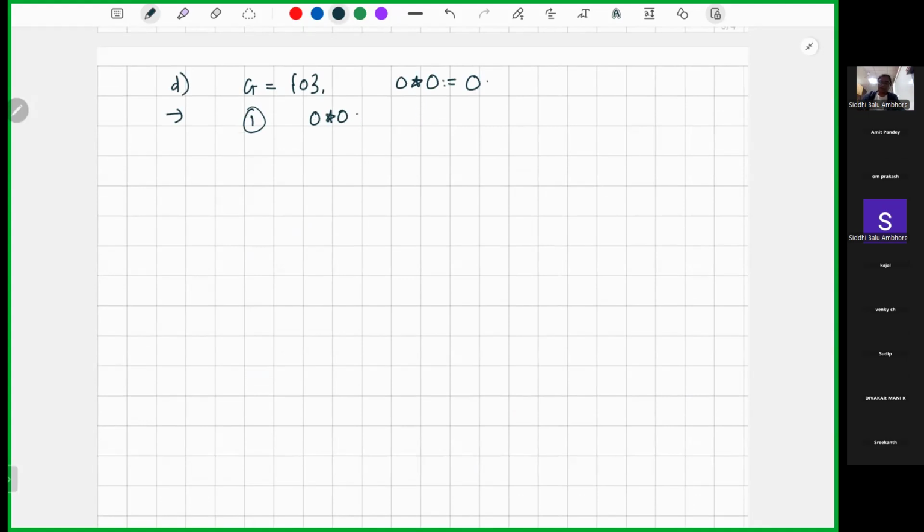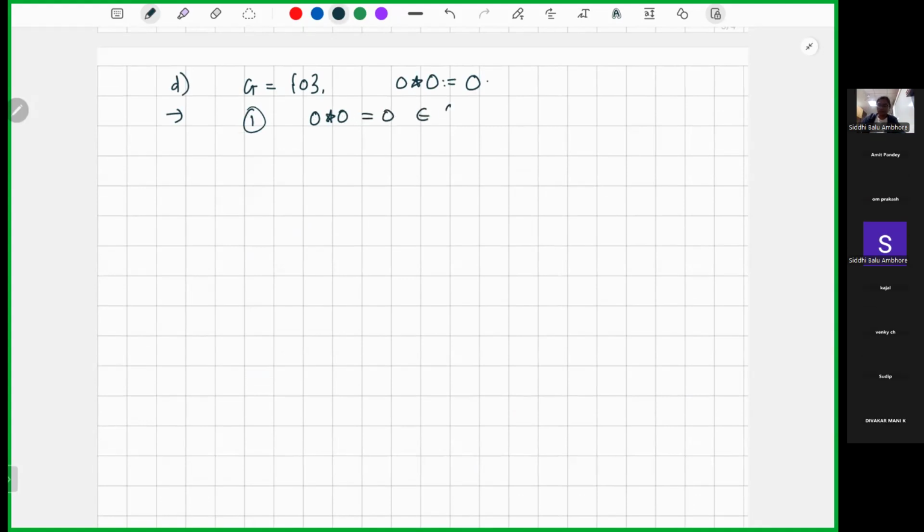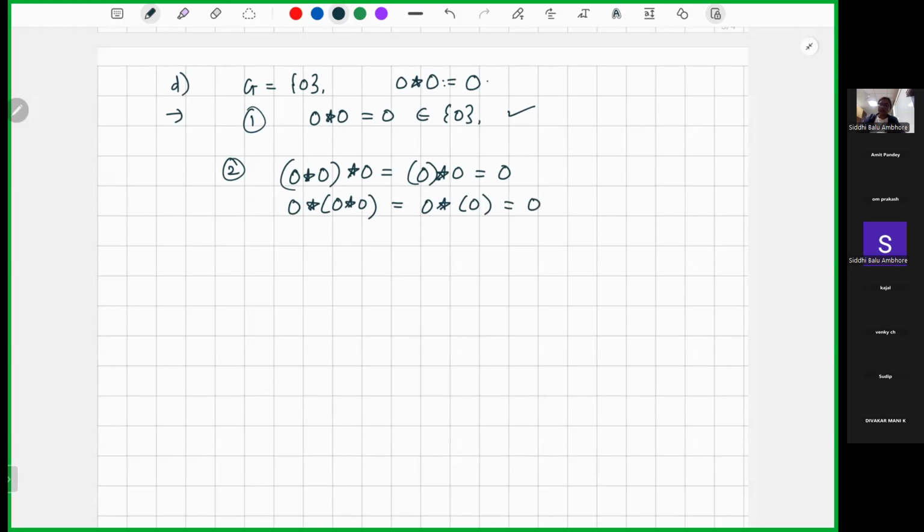So the first property is satisfied. Second, associativity: we only have this one element. So it is 0 star 0, which is 0, and then 0 star this 0. Let me write the bracket to understand which one is which. And this is anyway 0. So the second condition is satisfied.